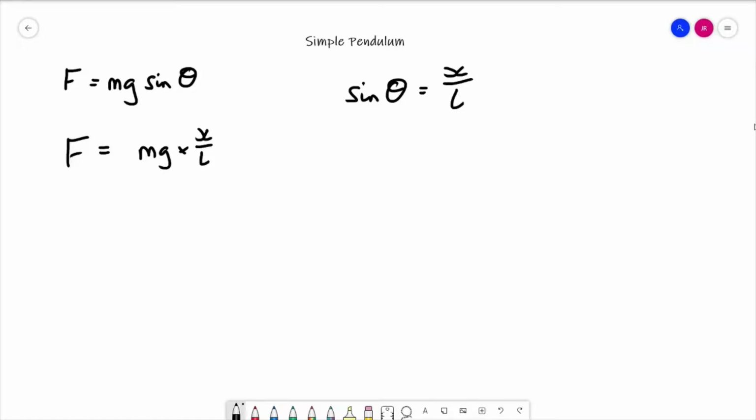The one thing that we need to add in though, I'll put it in first, is the negative sign. The reason why we need to put the negative sign in there is just to make sure that we're getting the vectors correct. We know that the restoring force is acting to the right, but the way that we've defined it, where the blue line is x is equal to 0, and we've defined x therefore to the left, we've got two vectors therefore acting in opposite directions.